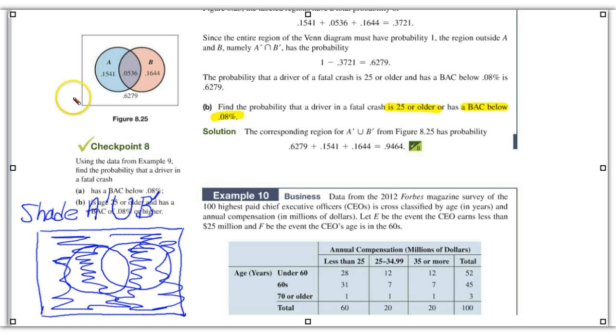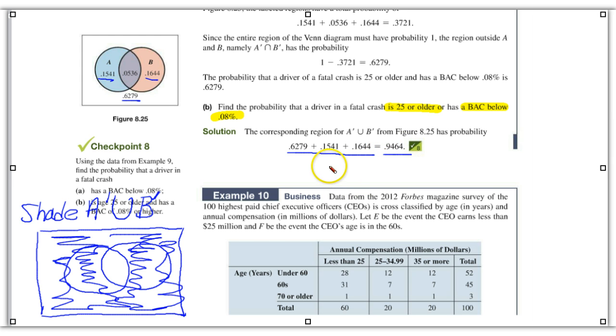So if we want to find the complement of this that is shaded, we would add up this, this, and this, which is what they're showing right here, and it adds up to this.